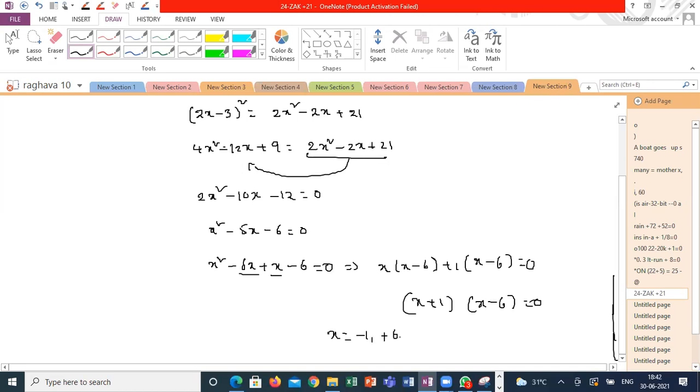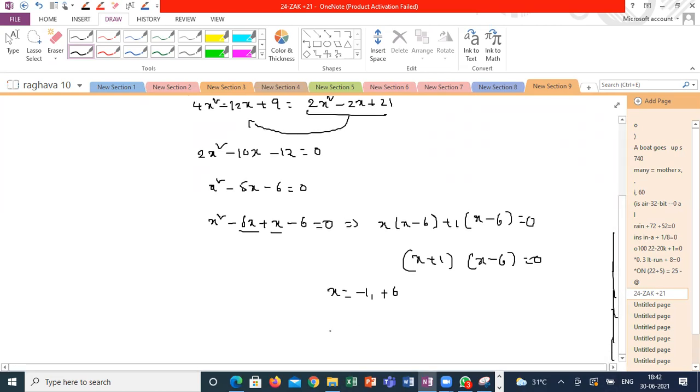Substitute the values. If I substitute x is equal to minus 1, it will not satisfy the equation, so minus 1 is the rejected value. If I substitute x is equal to 6, it satisfies, so the root of the given equation is plus 6.